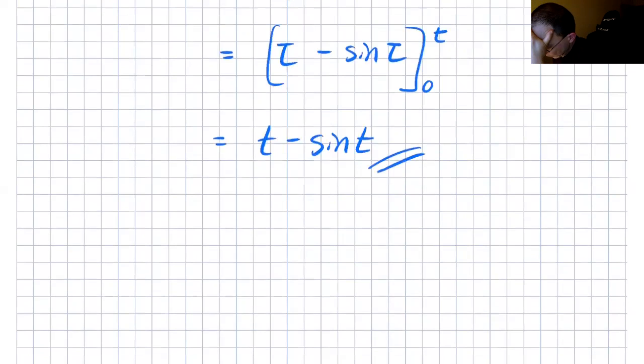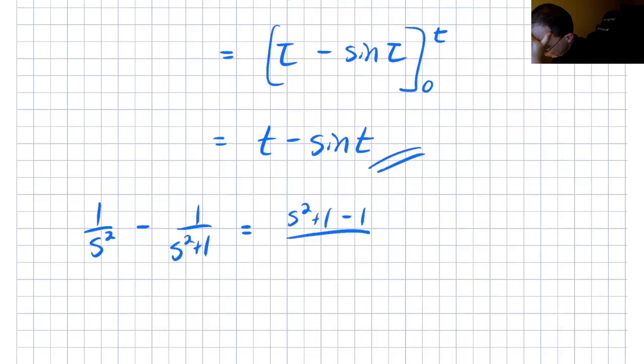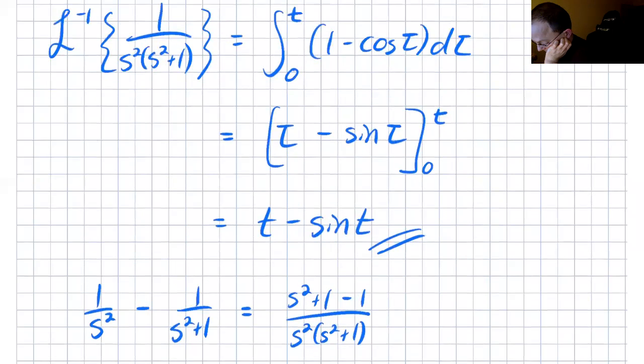Yeah, and just to check, if I take the Laplace transform of that, I would get 1 over s squared minus 1 over s squared plus 1. And so that would give me s squared plus 1 minus 1 over s squared. Wait a second. What did I do wrong?